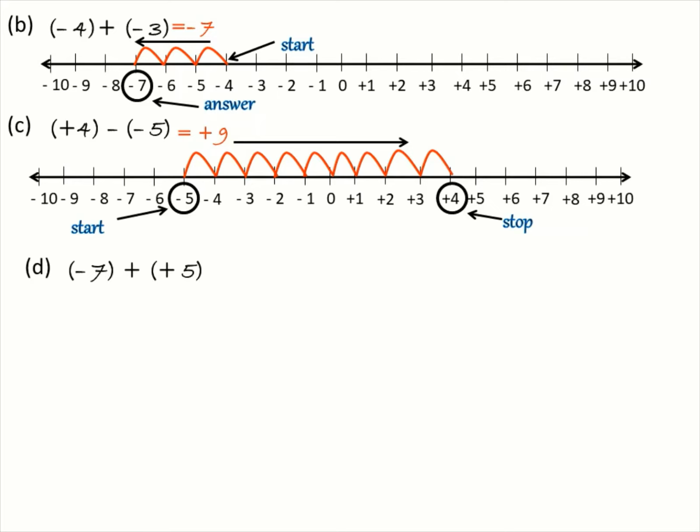The fourth example, D. This is -7 plus +5. Now this one is synonymous with the first and second examples. If you feel you want to try it, you can pause the video, give it a try, and then we can continue together. We see the solution.